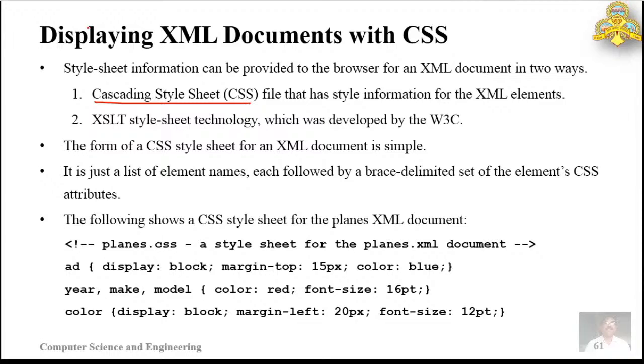In an XML file, all tags are user defined. So in the CSS file for XML, those tag elements are used. For example, ad, year, color; assume that these are used in the XML file, and similar parameters are utilized. So there are no other changes in the CSS declarations compared with HTML. The difference is that in an HTML file CSS, predefined tags are utilized, whereas for XML user defined tags are utilized.